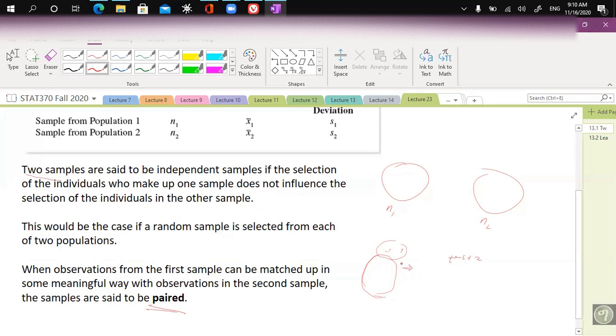Another thing is they can be different groups, different people in two different groups.